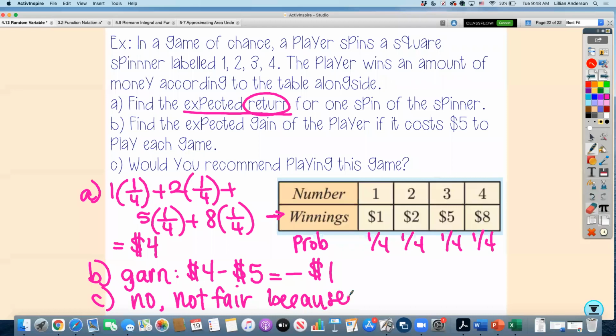In order for a game to be fair, you would take your chances if your expected gain equaled 0. Because it does not equal 0, it's not a fair game. You're more likely to lose money than actually win money by playing this game. And that's how you can determine if a game is fair or not as well. The expected gain should equal 0.